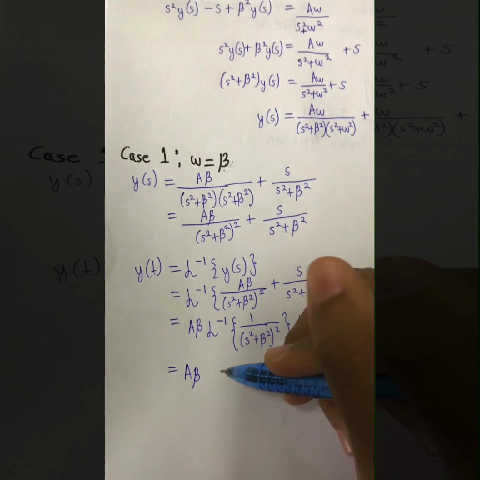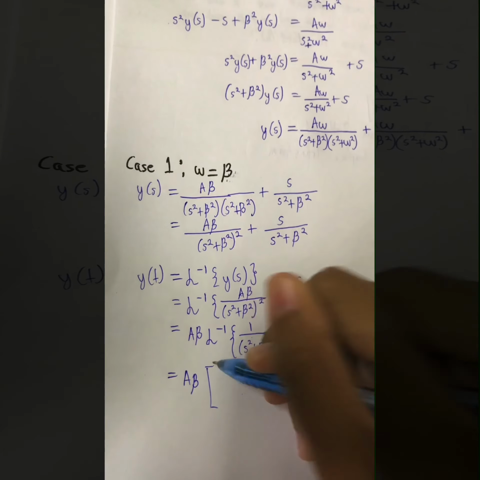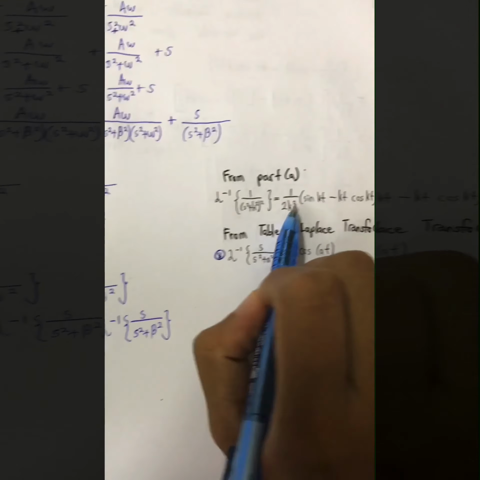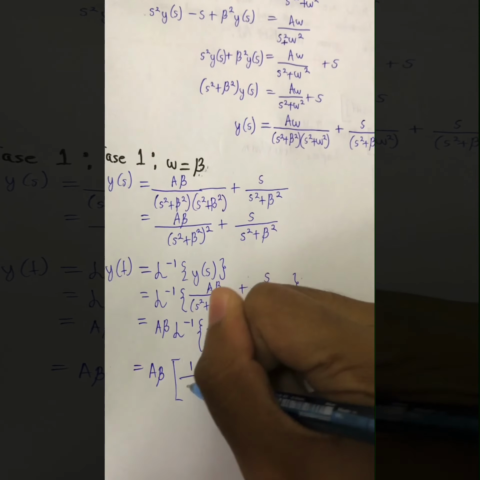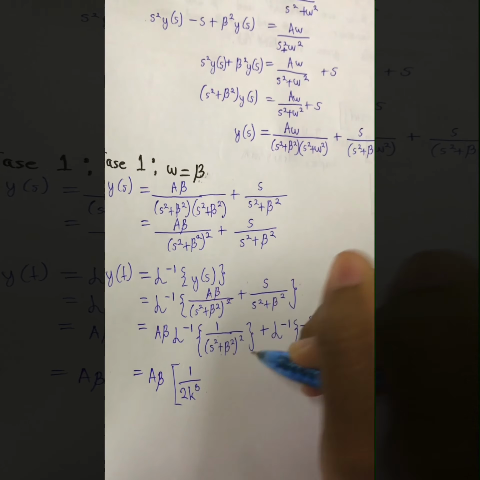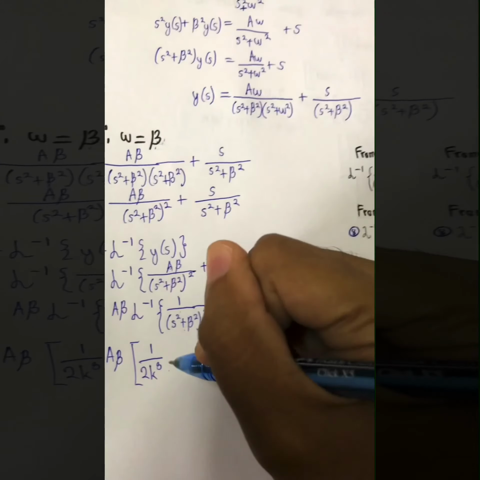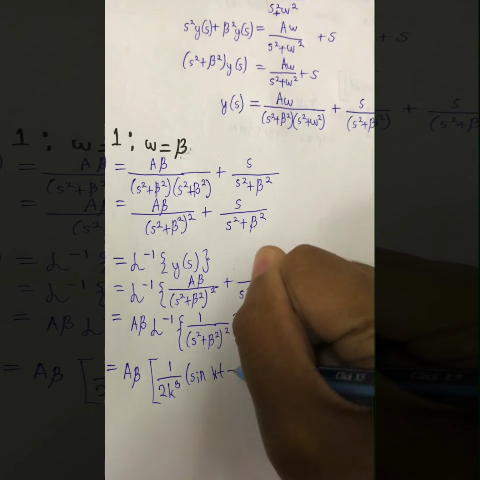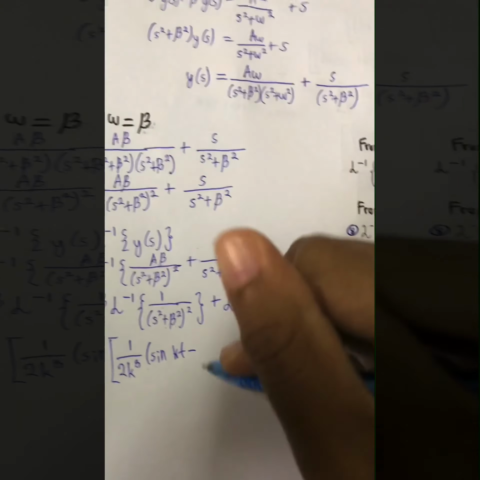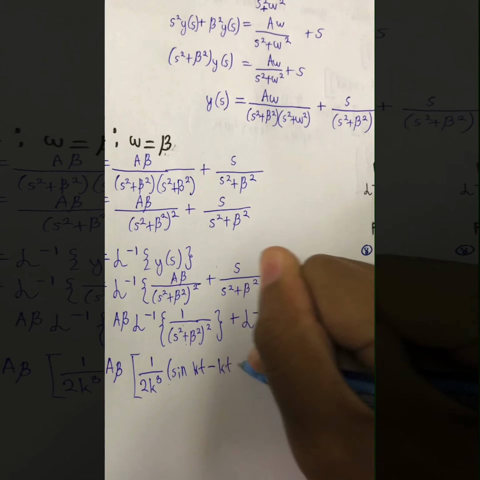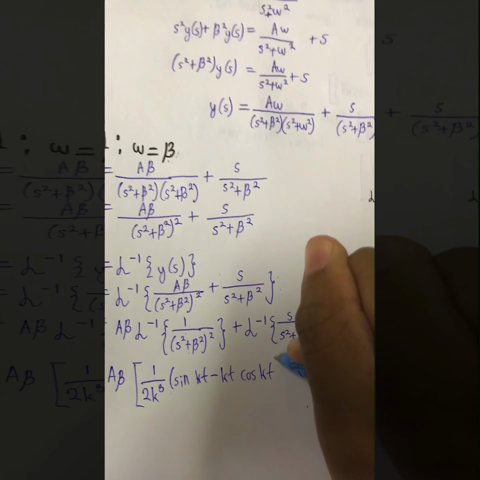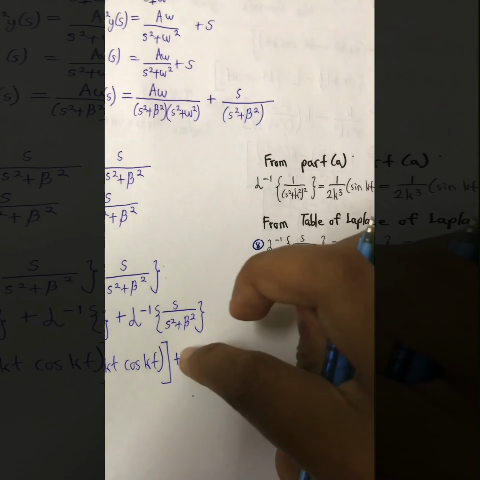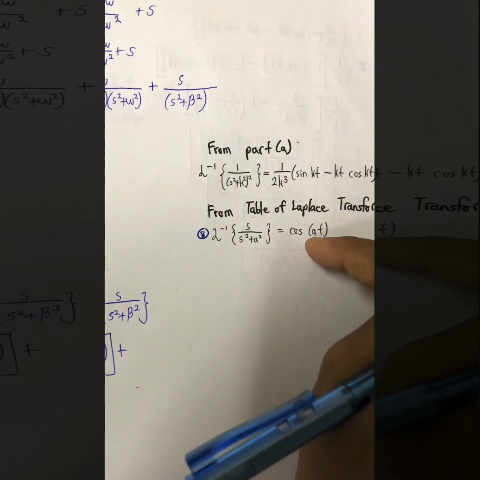So we have alpha, and this time with the inverse of Laplace transform from part A, we get 1 over 2k cube times sine kt minus kt cos kt, and then the second part, our constant here is beta, so it will become cos beta t.